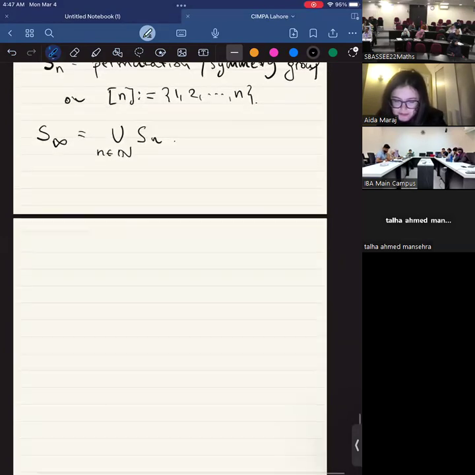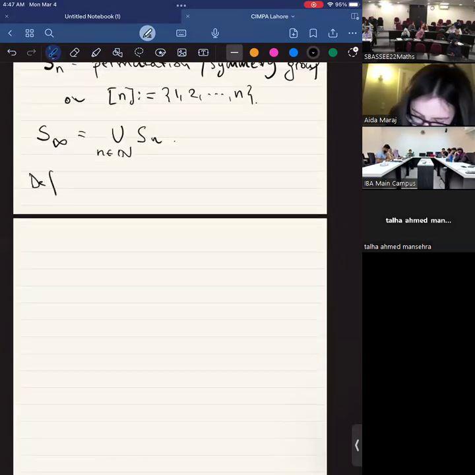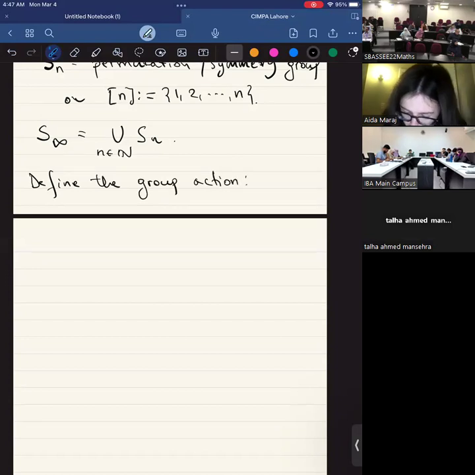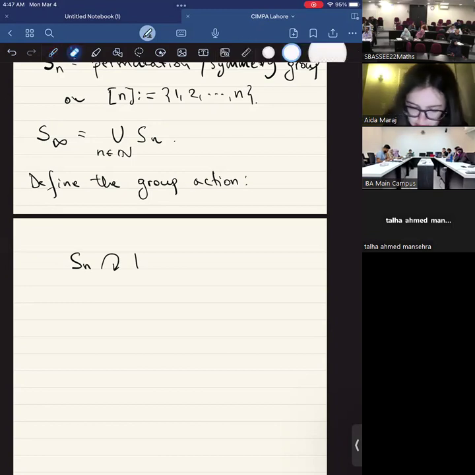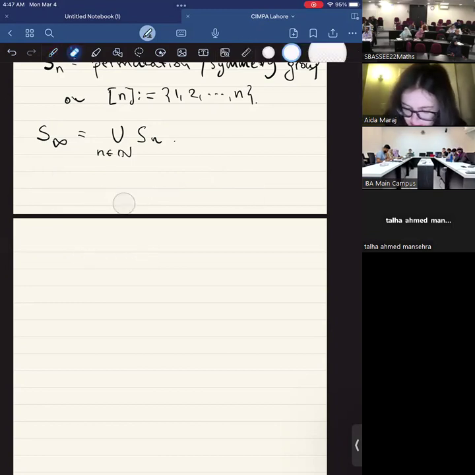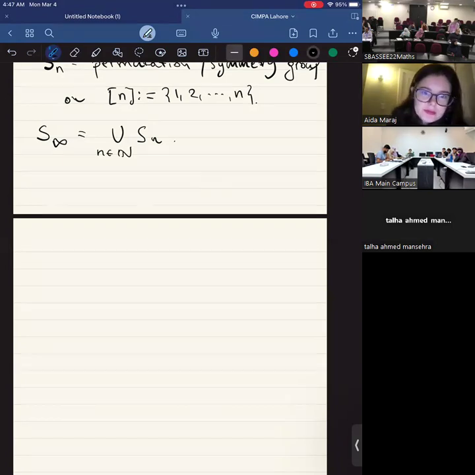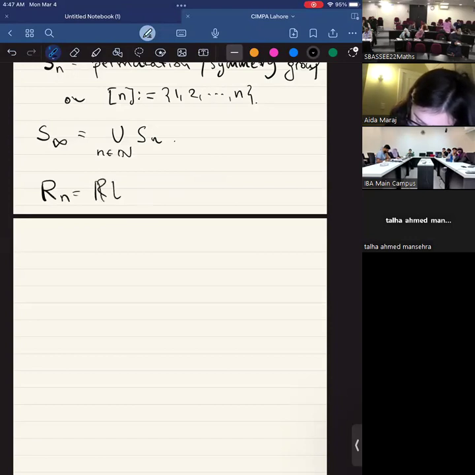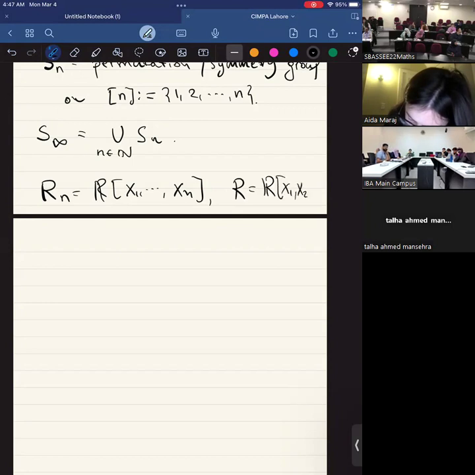We have Sn can act on R. So before I do that, let's call, for a moment, Rn to be R of x1 through xn, and R will be the big one, so it's going to be R of x1, x2, and so on.